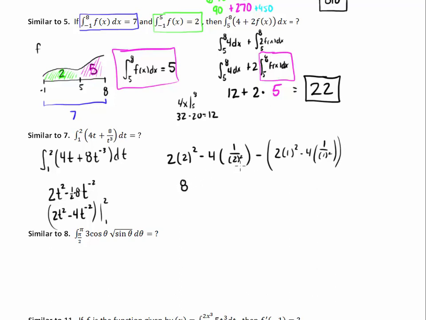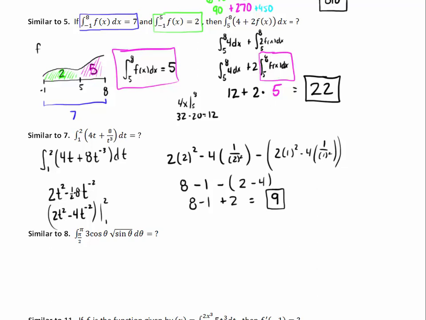Then 1/4 times negative 4 is going to be negative 1. Minus 1 squared times 2 is 2, and 1 squared is 1, so minus 4. So we get 8 minus 1, and 2 minus 4 is negative 2, so minus negative 2 is plus 2, and we get a value of 9. And that's the answer to that one.